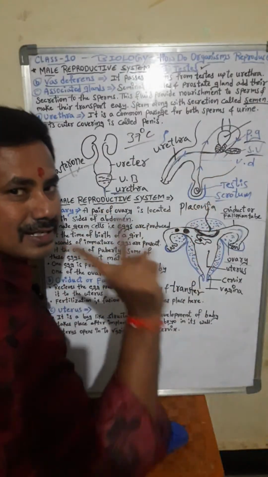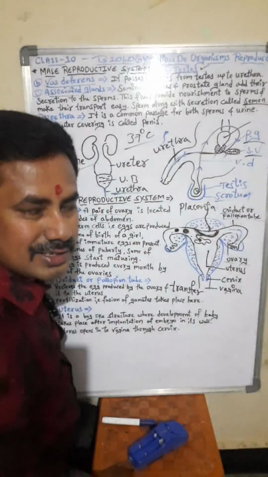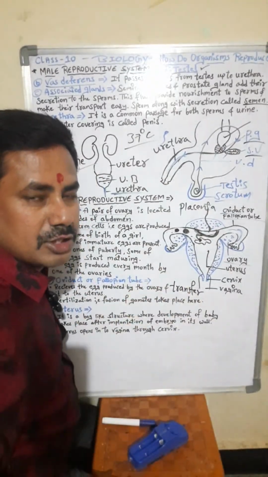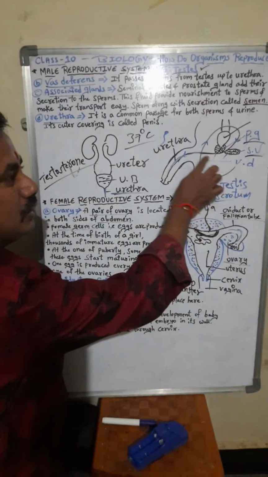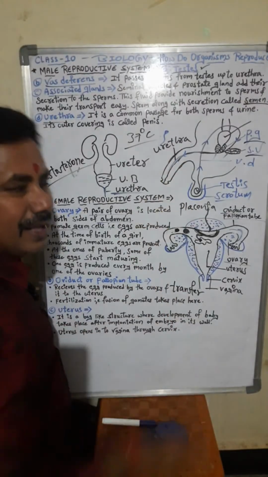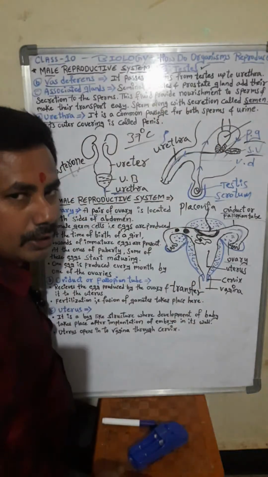One is the prostate gland, another is the seminal vesicles. They release their secretion, which helps the development of the sperms and makes the sperms pass easily. Then the urethra is coming, and the urethra is covered by a muscular organ called the penis. This is about the male reproductive system.